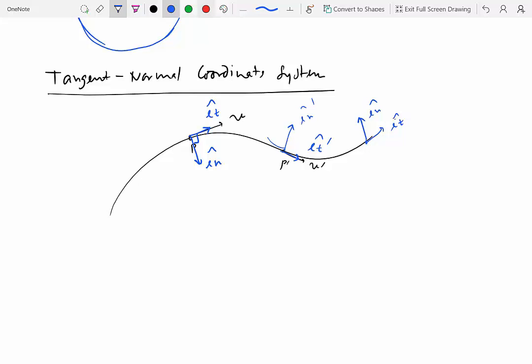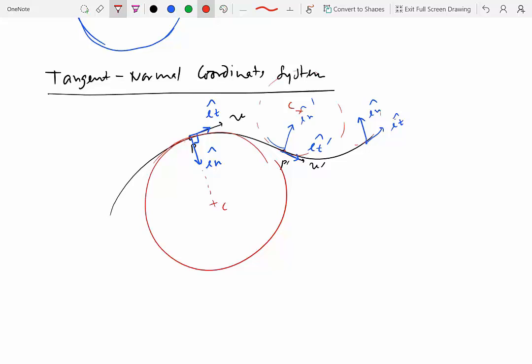Or you can say that you can draw your kissing or osculating circle at every point, and e_n hat would be pointing towards the center of that circle. So at point P, this is the circle that you can fit, and this is the center, and e_n hat is pointing towards the center. At point P prime, here is your circle, and e_n hat is pointing towards the center.